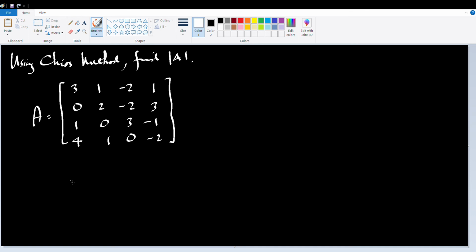So let us choose this as my element Aij. I shall be deleting the second row, third column.